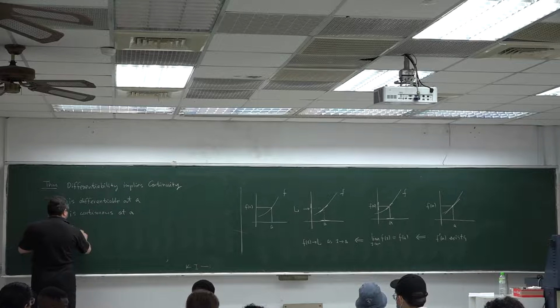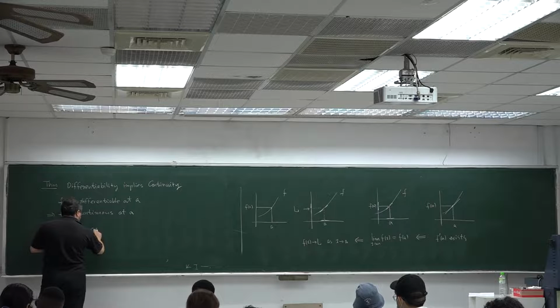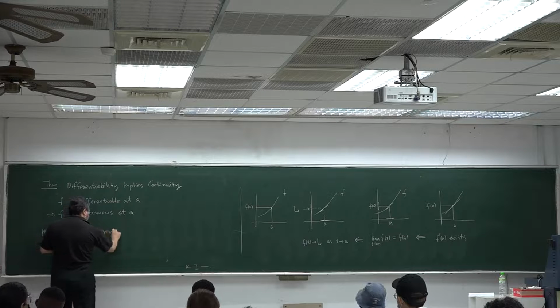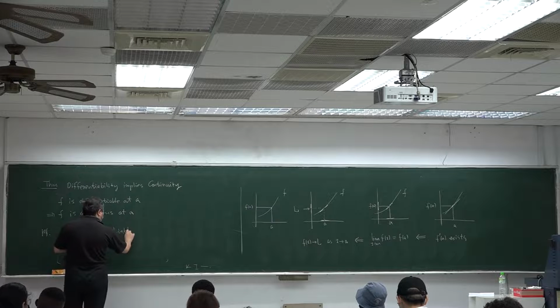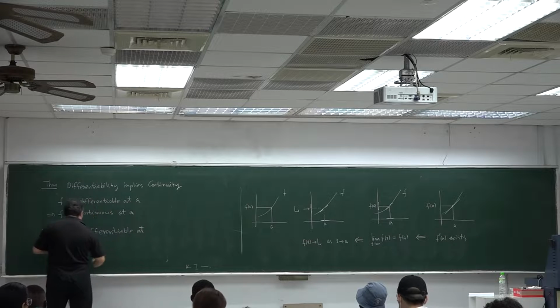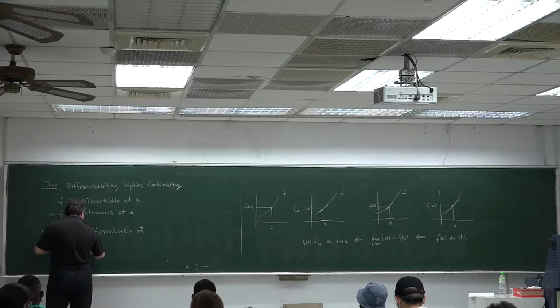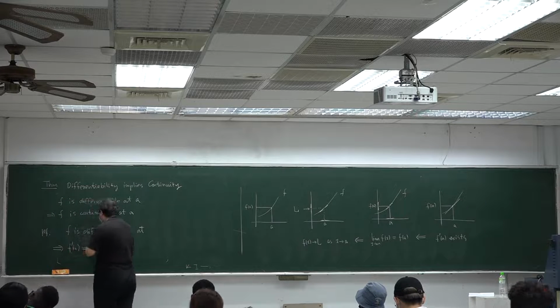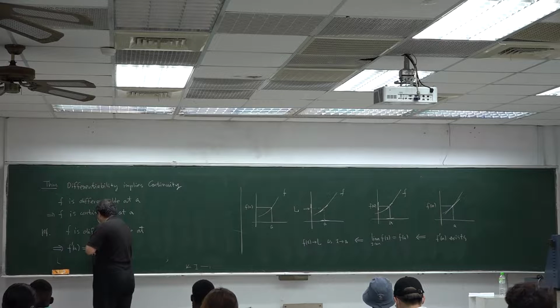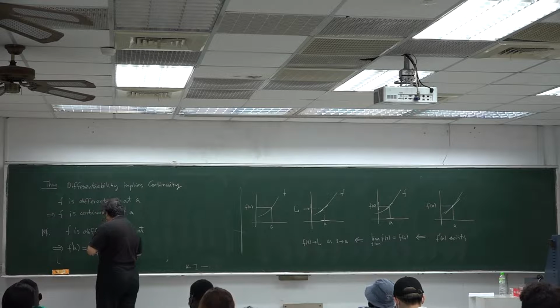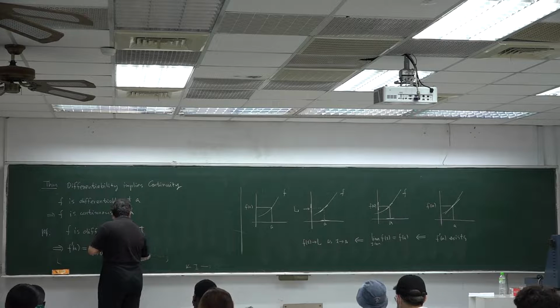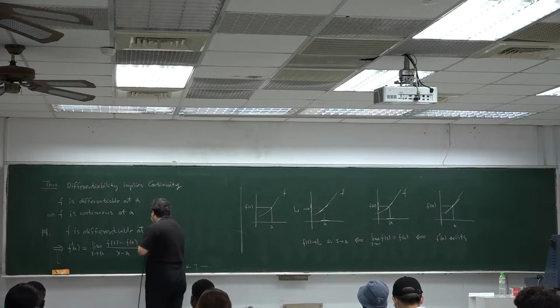If f is differentiable at a, this number exists. By definition, this number is the limit as x approaches a of f of x minus f of a, divided by x minus a.